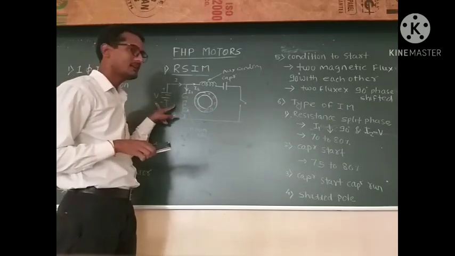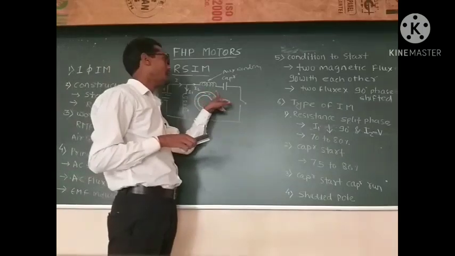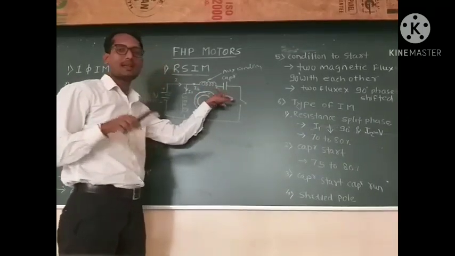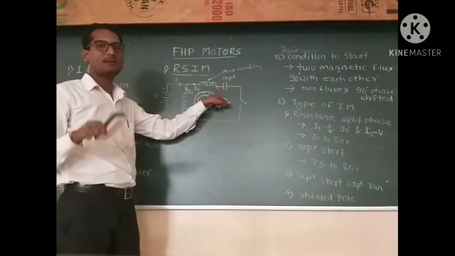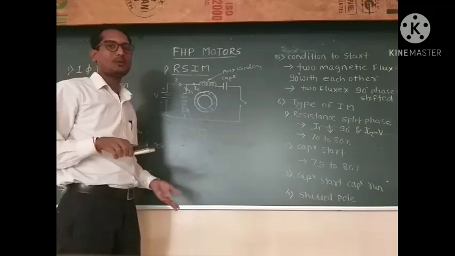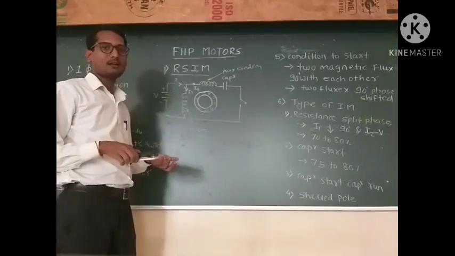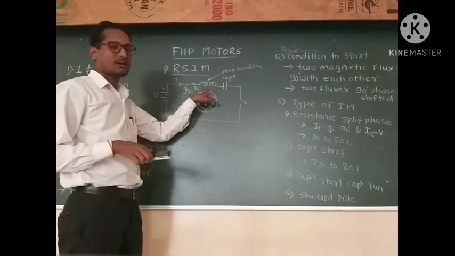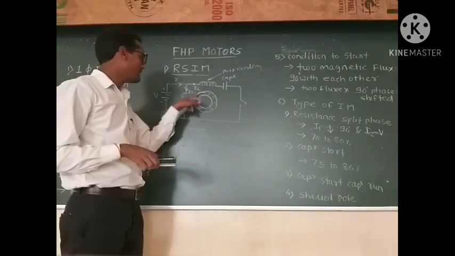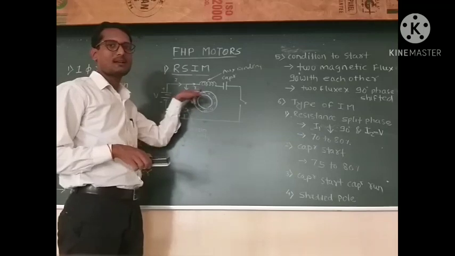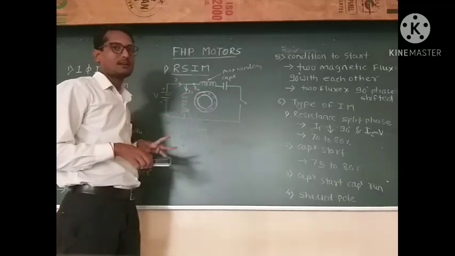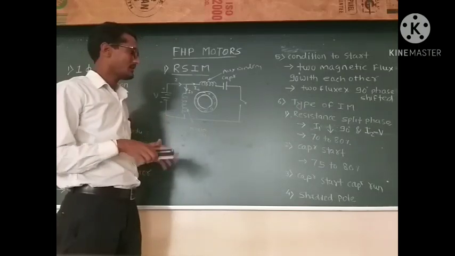So here lagging happens, and after that the current I2 passes through the winding, but here a capacitor is connected. We know the properties of a capacitor. It is responsible for leading the electrical current. Because of that, the current becomes highly leading. So here a large leading angle is created between the first current and the second current.